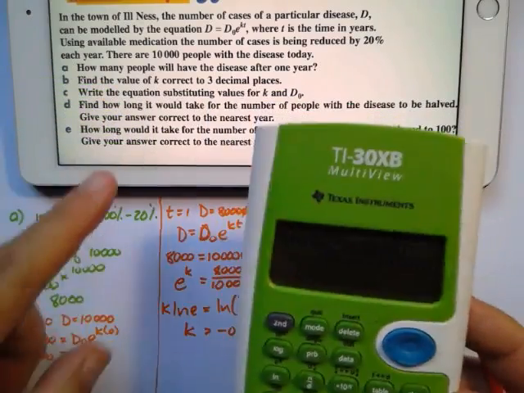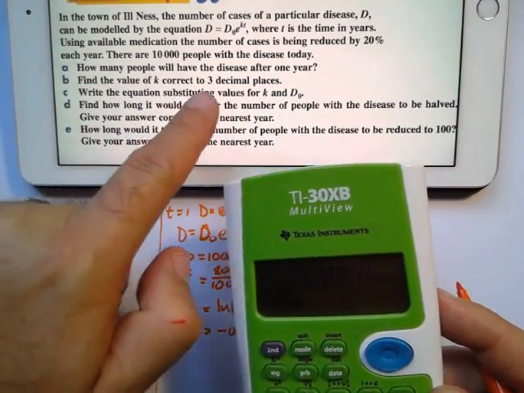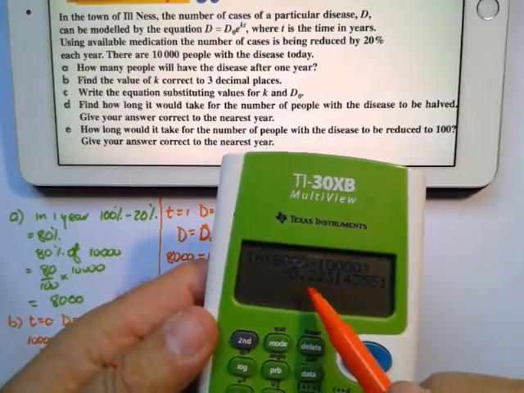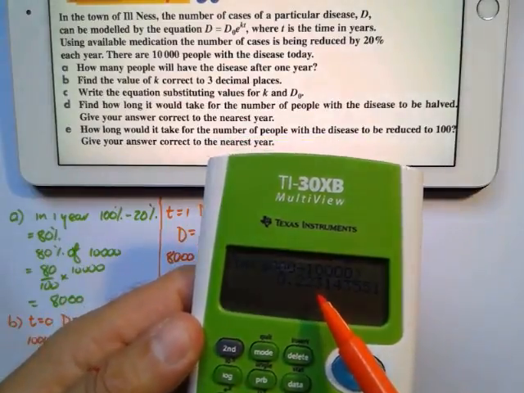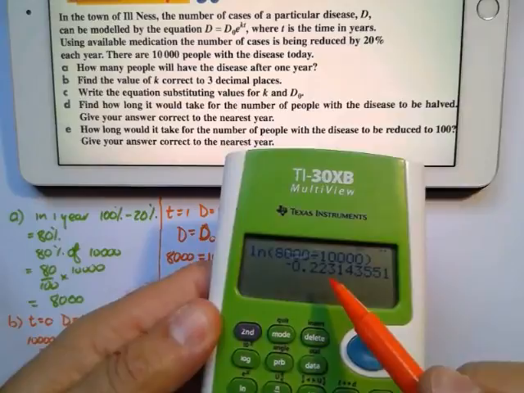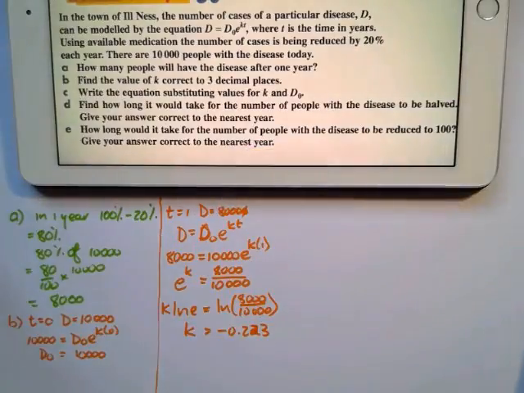What did they ask? They say k correct to 3 decimal places, 1, 2, 3 decimal places. That will give us negative 0.223. So that is k. Let's look at what they want in C.